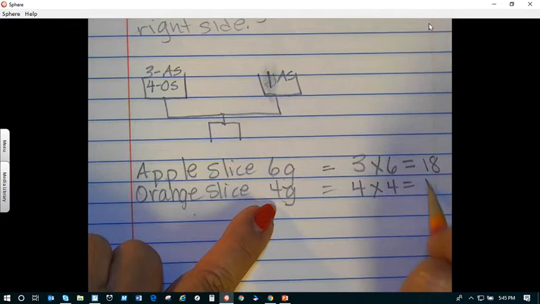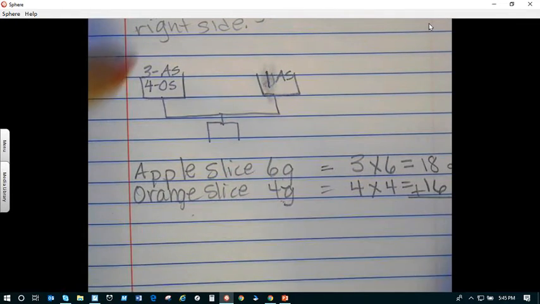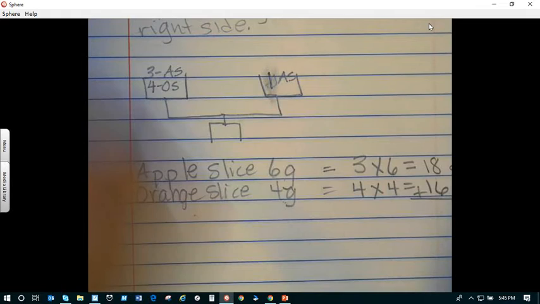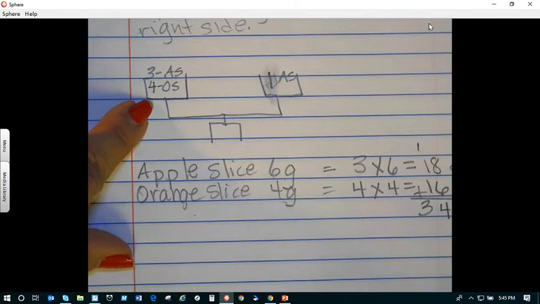That's 16 grams. So I needed to add those together to find out how much weight is on this side. So 8 plus 6 is 14. Regroup my 1. 1 plus 1 is 2, plus 1 more is 3. So the weight on this side is 34 grams.